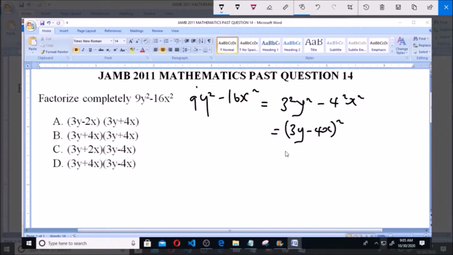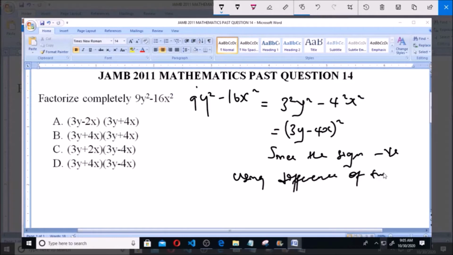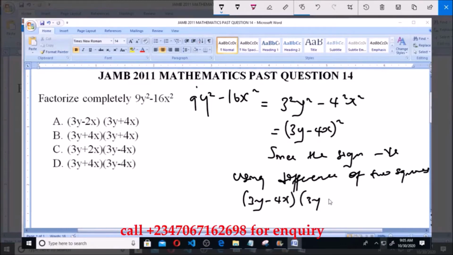Since the sign between them is negative, using the difference of two squares, we will have (3y minus 4x) into (3y plus 4x).